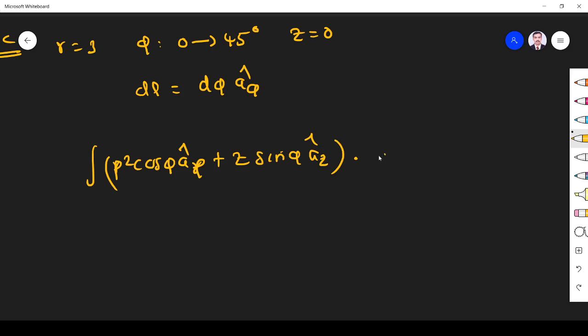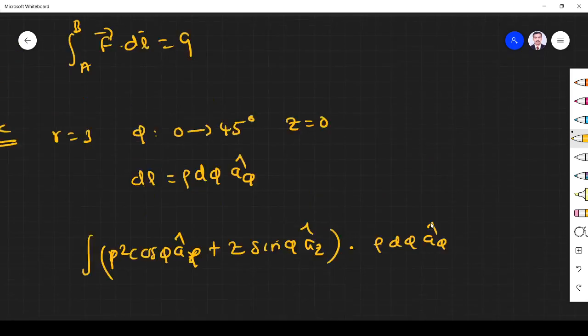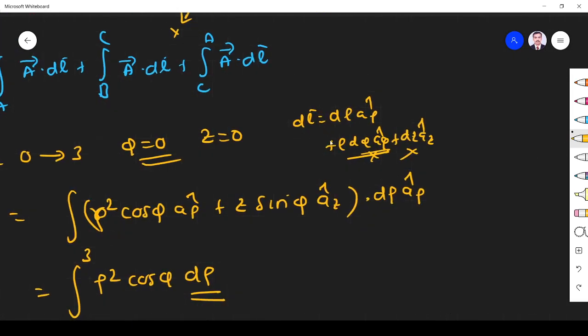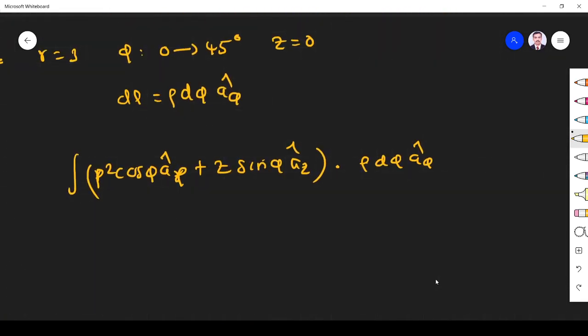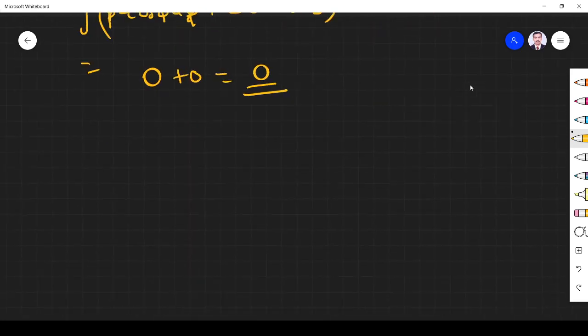And dl is rho d phi a_phi. So don't forget that rho is there. But a_rho dot a_phi is 0, a_z dot a_phi is 0, so the answer is 0 here. So the integral from b to c of F dot dl is 0.